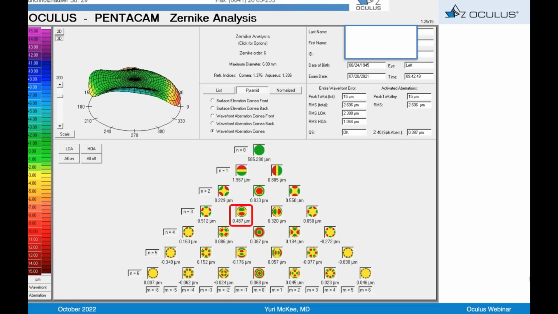Again, that's the n equals 3 line, and look at the horizontal coma, and you see 0.487 microns. It's above our cutoff of 0.3. So the coma is evident in the higher order aberration profile because of a slightly decentered, small diameter myopic ablation, which was not uncommon in first generation LASIK. This patient, in my book, is not a multifocal IOL candidate for these reasons.